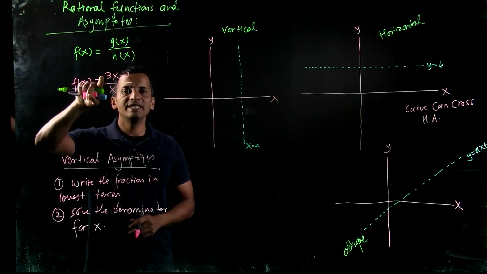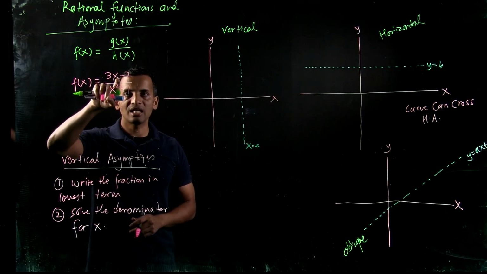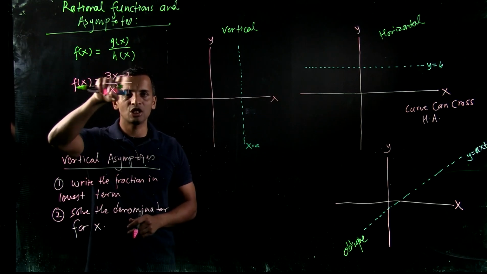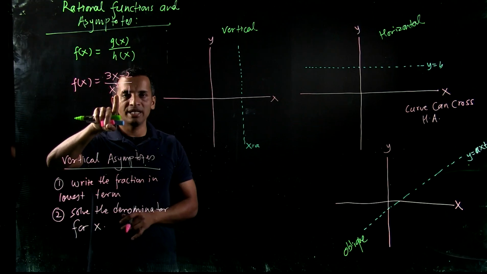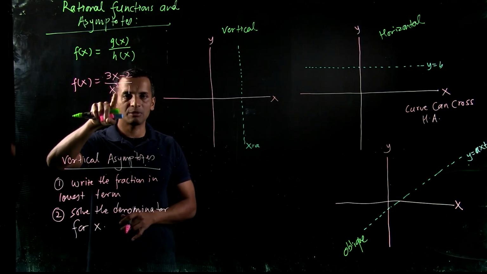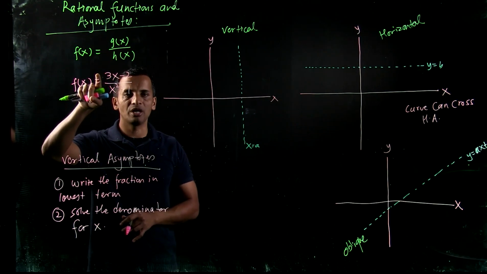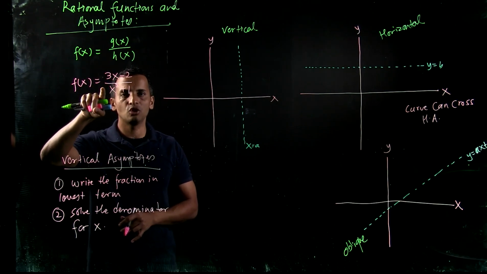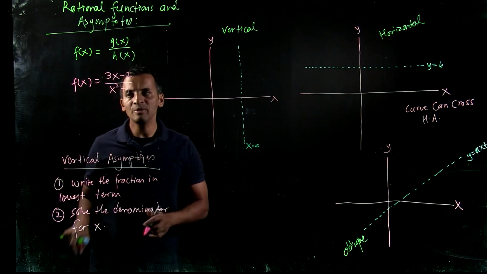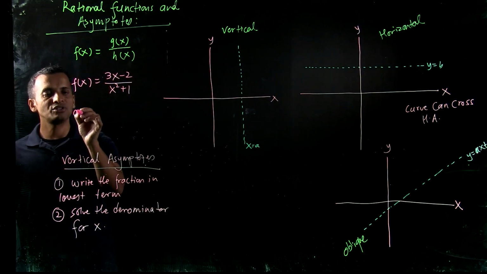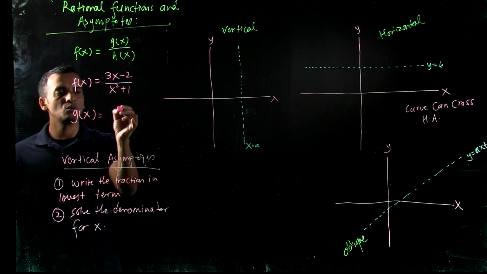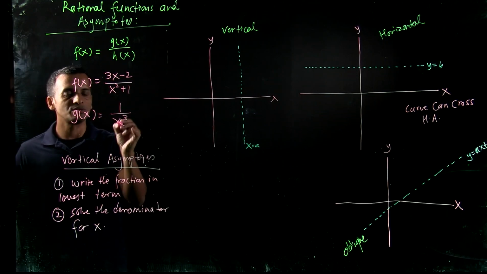The top one is degree 1 because the highest exponent of x in the top function is 1, and the bottom one is degree 2 because the highest exponent in the bottom is 2. So it is a rational function where the degree of the numerator is 1 and the degree of the denominator is 2. Similarly, suppose g of x equals 1 over x cubed.